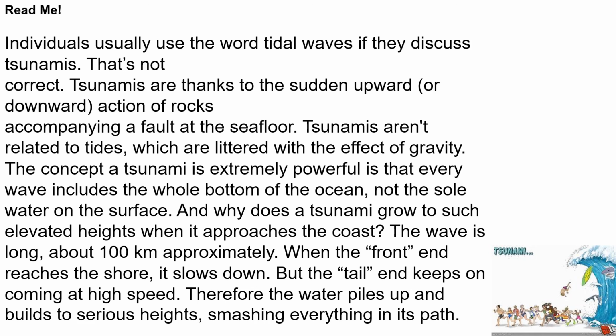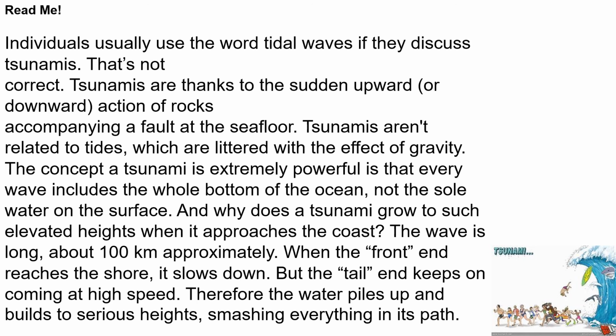What makes a tsunami extremely powerful is that every wave involves the whole bottom of the ocean, not just the salt water on the surface. And why does a tsunami grow to such elevated heights when it approaches the coast? The wave is long, about 100 kilometers approximately. When the front end reaches the shore, it slows down.